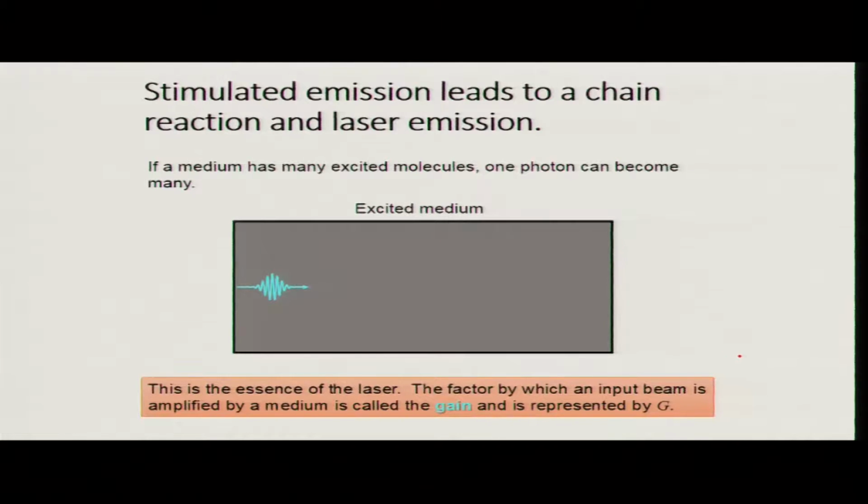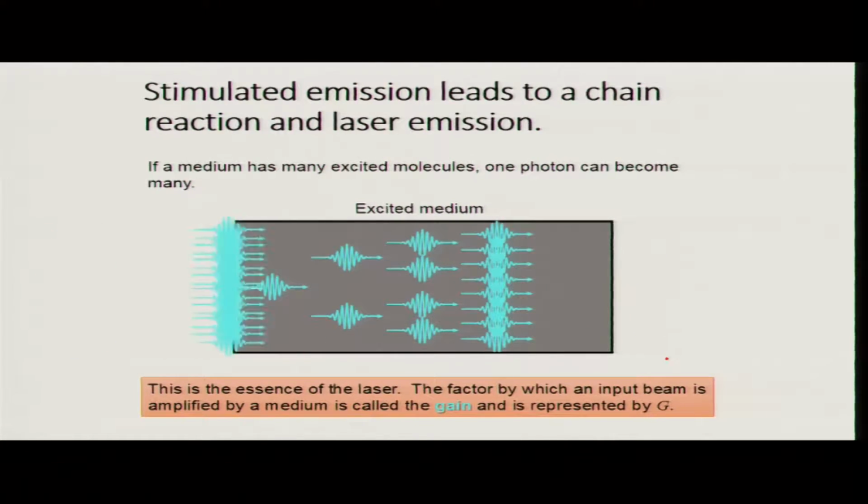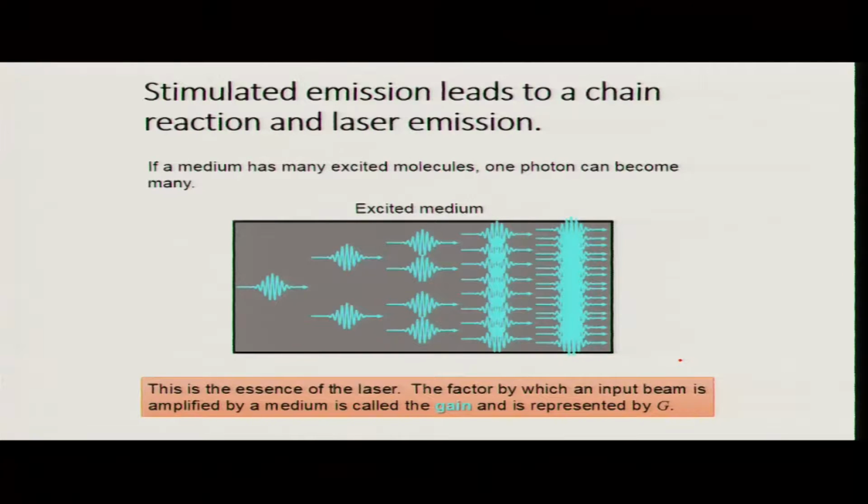The stimulated emission leads to a chain reaction and laser emission. So, this is the cartoon of such a situation. If a medium has many excited molecules, one photon can become many, and here is a cartoon showing that. The availability of an inverted system allows multiple photons to be generated, so much so that you finally get an output, and this is the essence of the laser.